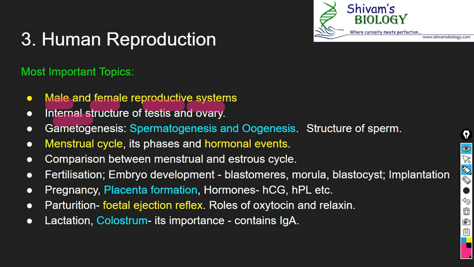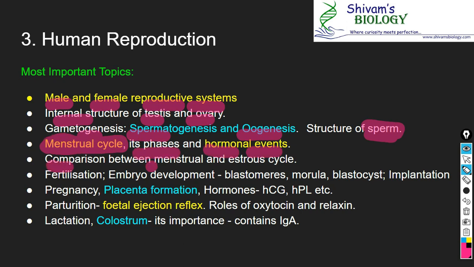The internal structure of testis and ovary is very important. After that, the process of gametogenesis, that is spermatogenesis and oogenesis, is very important, and the structure of sperm is also important. The process of menstrual cycle is important and you should understand it very well.